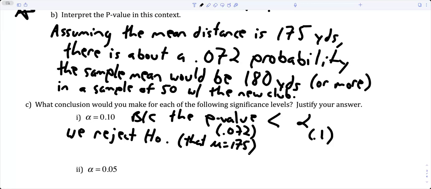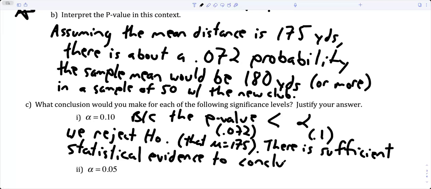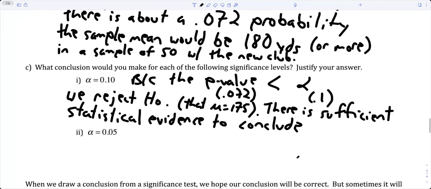So we say, there is sufficient statistical evidence to conclude, and then put it in context, the true mean distance traveled by the new 7-iron is greater than 175.